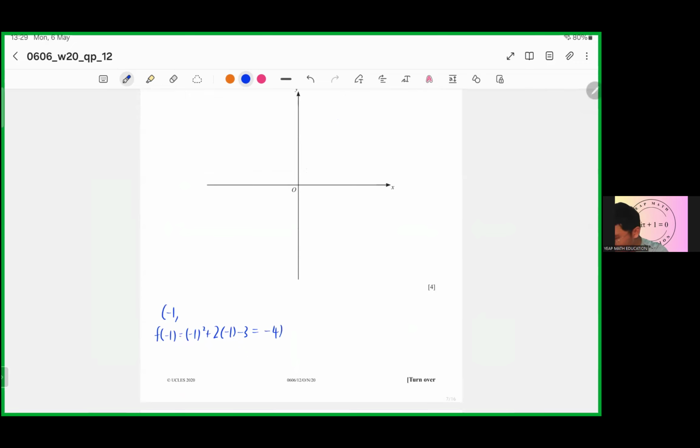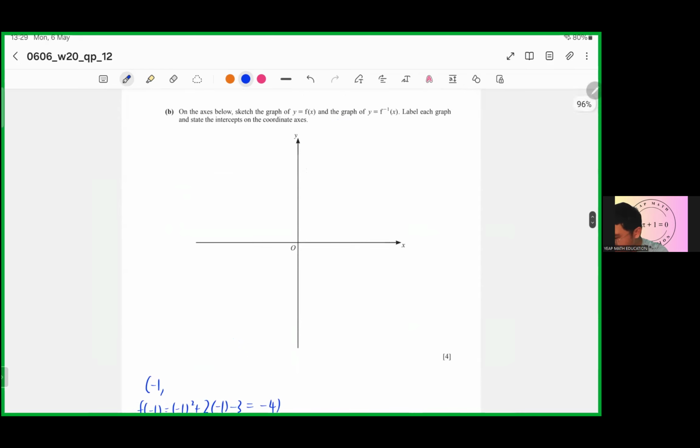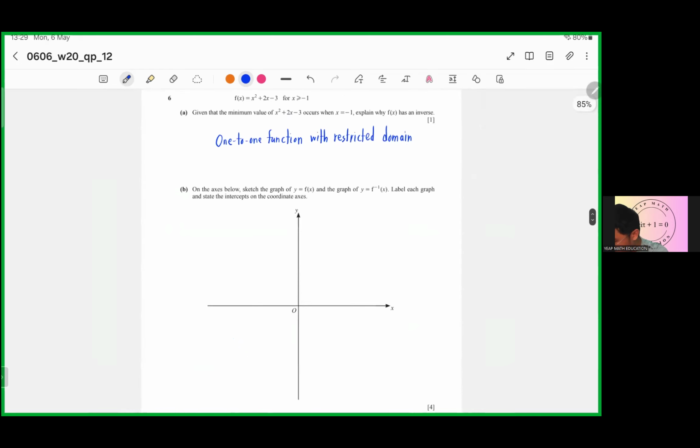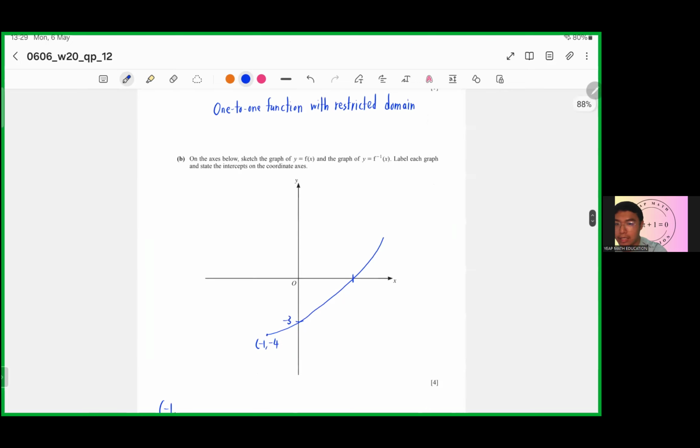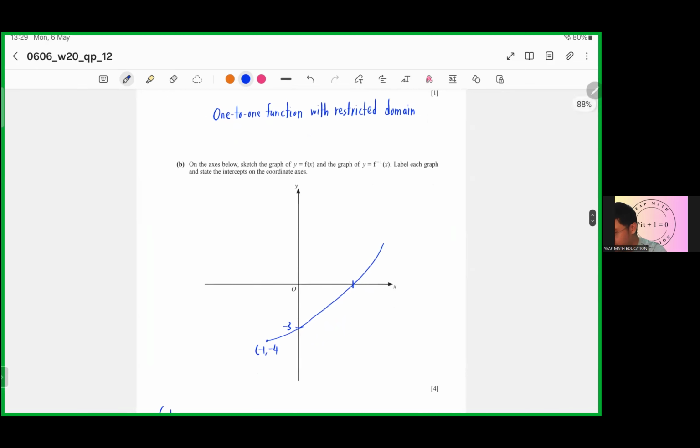Negative 4. So it means the point will be different here: negative 1, negative 4. This here is negative 3. And then we see what is the value for this part.